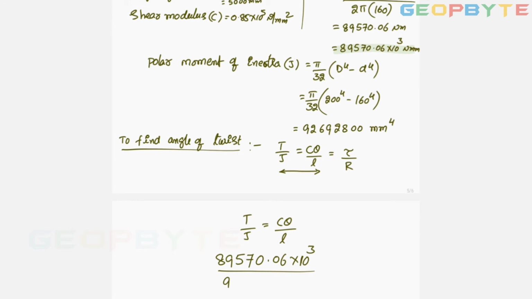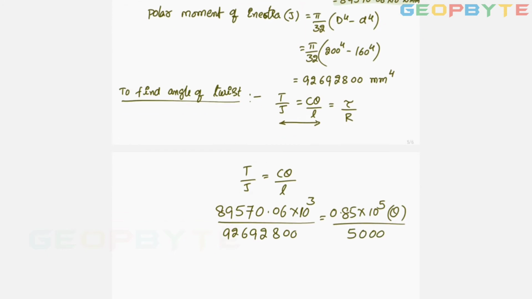92692800. It must be equal to C, 0.85 into 10 power 5, multiplied by theta divided by length, given 5 meter means 5000 mm.